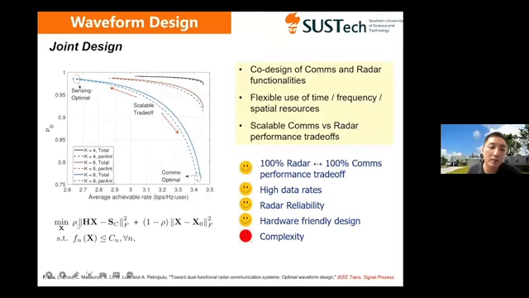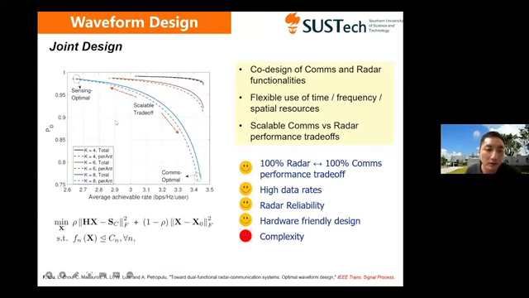So this rho can be a weighting factor from 0 to 1. And if you vary this rho from 0 to 1, you can change smoothly from 100% radar performance to 100% communication performance, such that you can have a scalable trade-off.